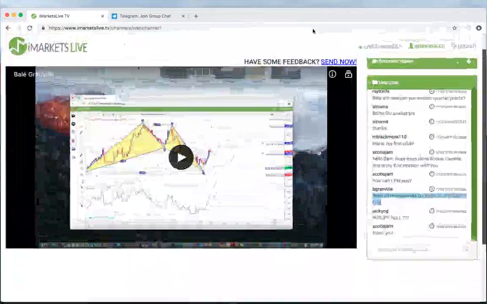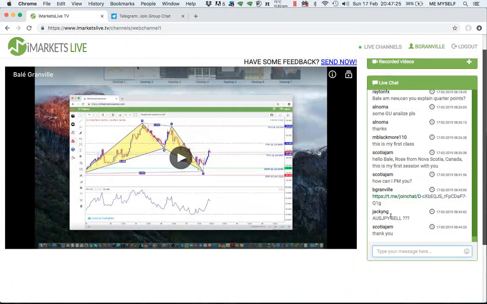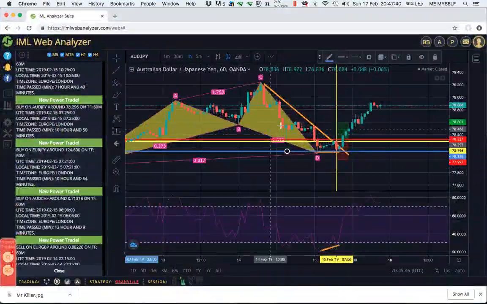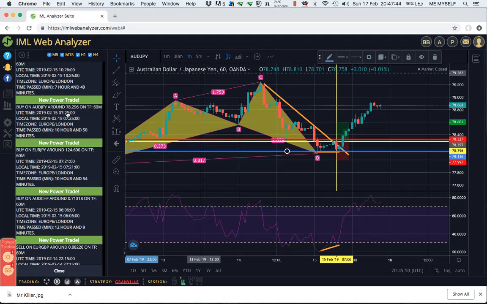Any questions? Aussie JPY for a sell? No, no, no. We were just discussing the buy setup that happened on Friday. There's no point in selling right now.